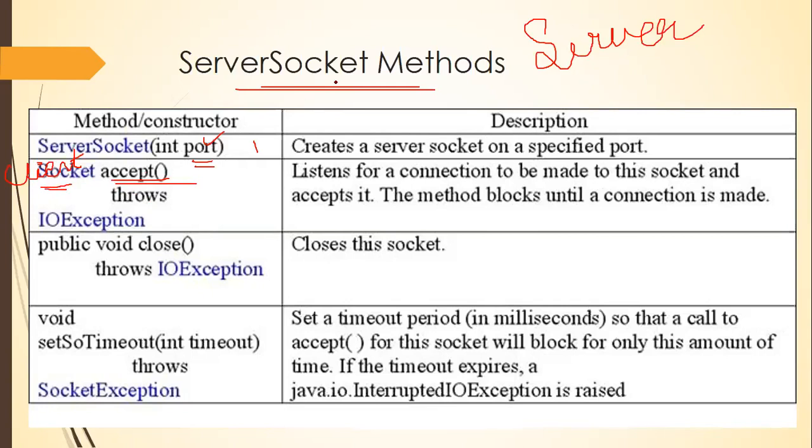It is a method in the server socket which accepts a connection from the client. Then you even have a method called close so as to close the socket. And then you have a method called setSoTimeout, so that for a particular period of time, the accept, getting the connection, can be blocked.